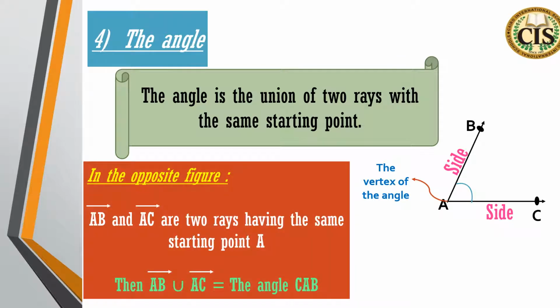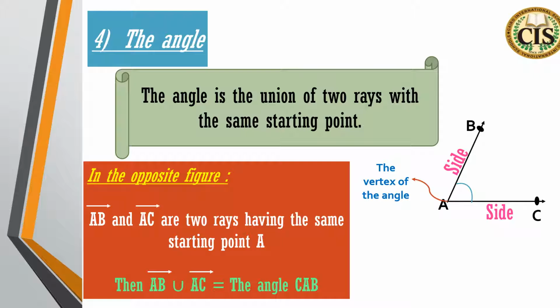For example, in the opposite figure, AB and AC are two rays having the same starting point A. Then the ray AB union the ray AC equals the angle CAB.